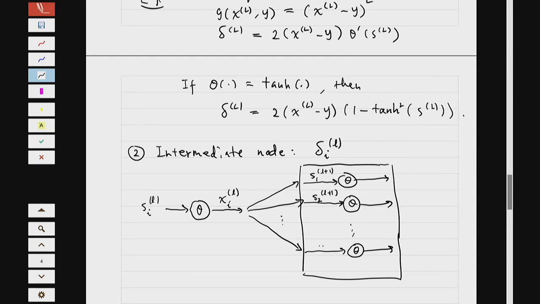There are multiple paths for this information to get to E of omega. So this is a rather complicated composite function, because there are multiple variables here that depend on this guy that we eventually get to E of omega. So it'll be complicated.